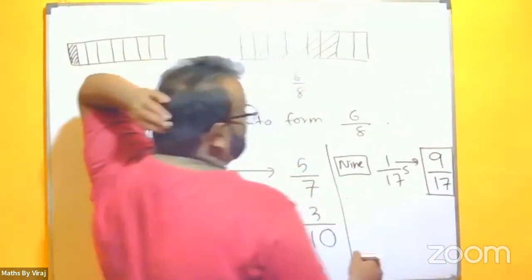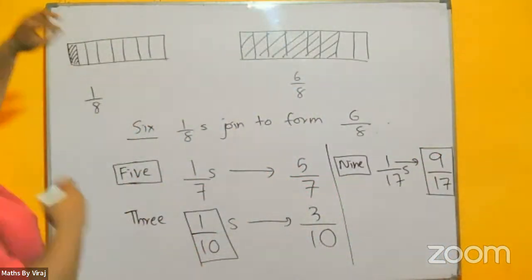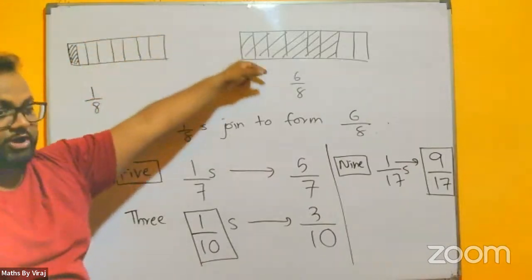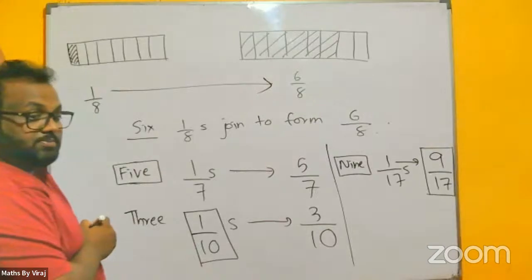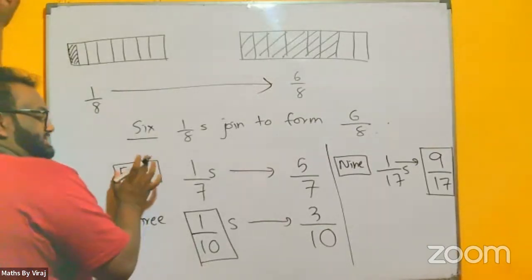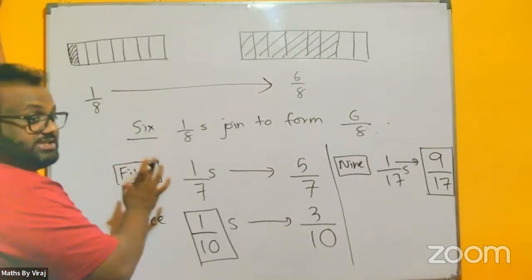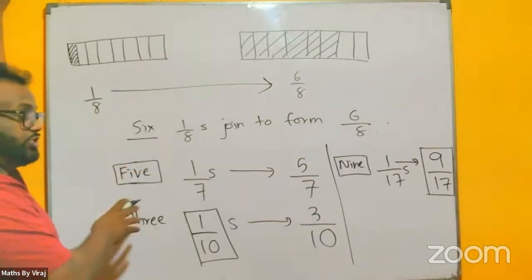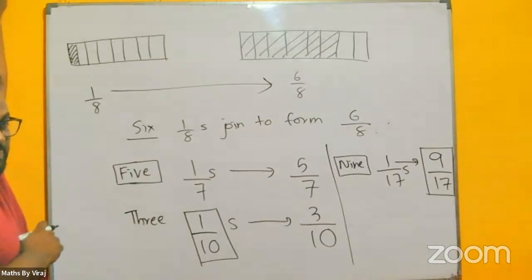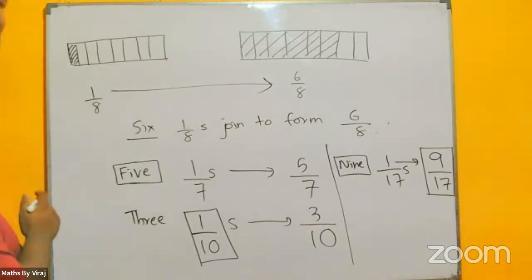Now we have some kind of an idea how many small parts join to form a larger fraction. Yes or no? When I say something like this, or when you see something like this in your school examination, you should picture this. Is that clear? Right. Take this down.